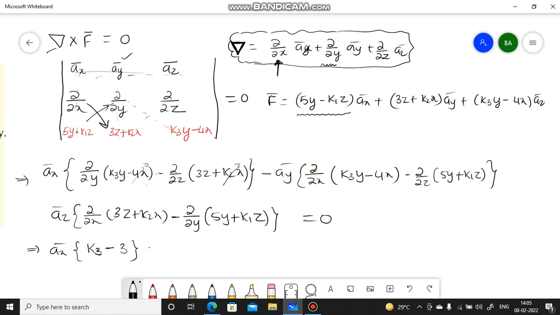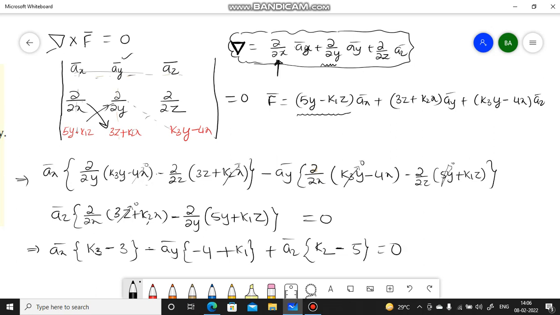For ay bar, the first term is 0 as it is constant, and the second term is minus 4, and with the minus sign and differentiation with respect to z, the first term is 0 and the second term is plus k1. Similarly for az bar, the derivative of 3z plus k2 x with respect to x is k2, and minus dou by dou y of 5y is 5. The other term is 0.